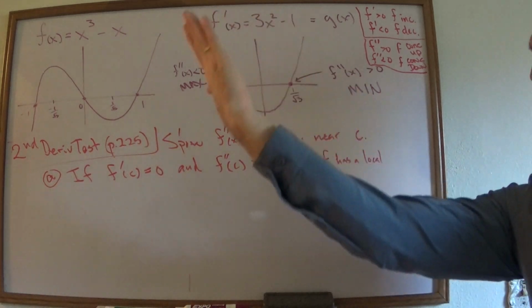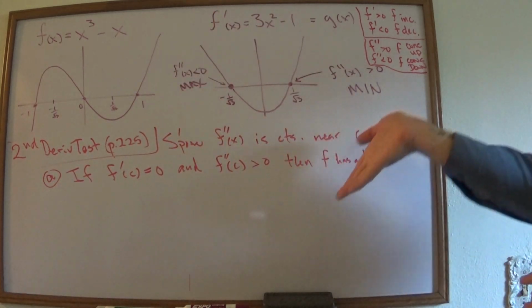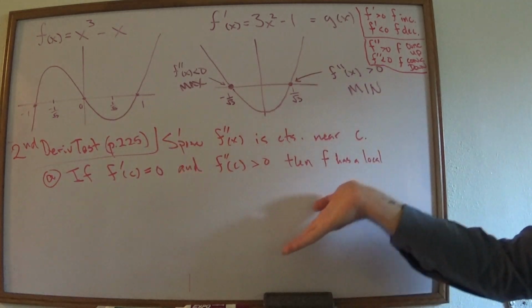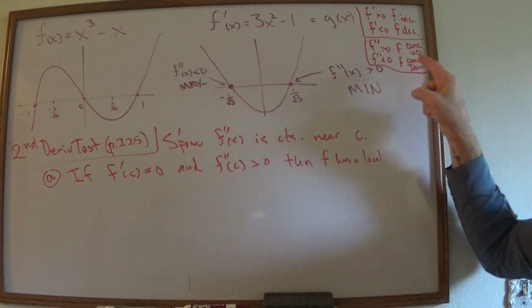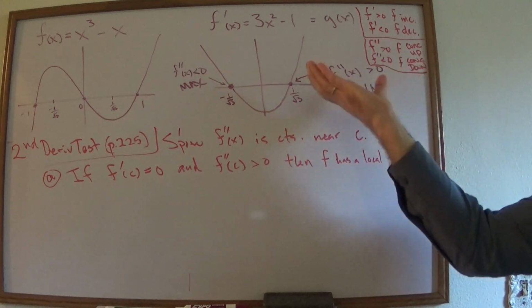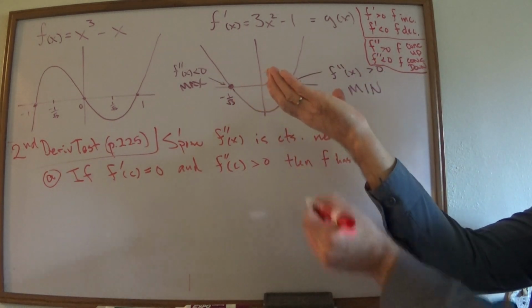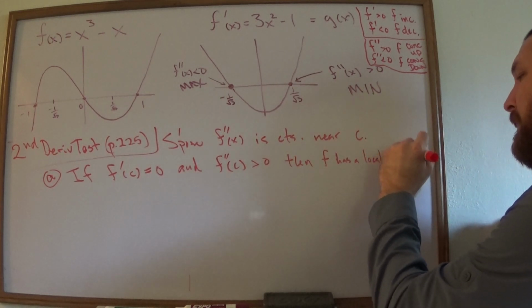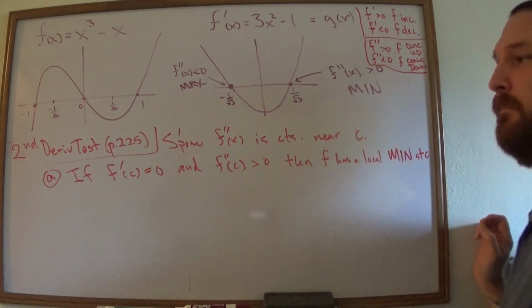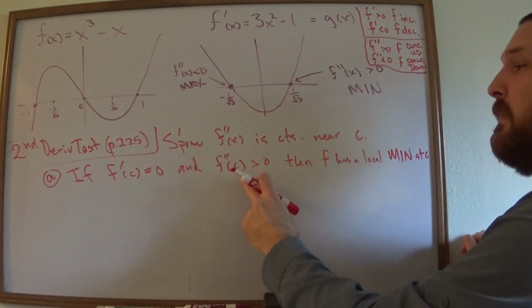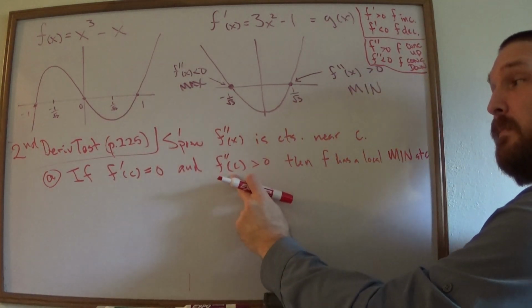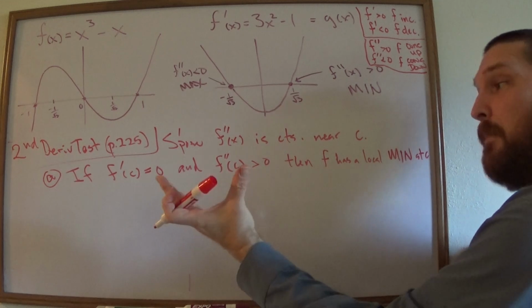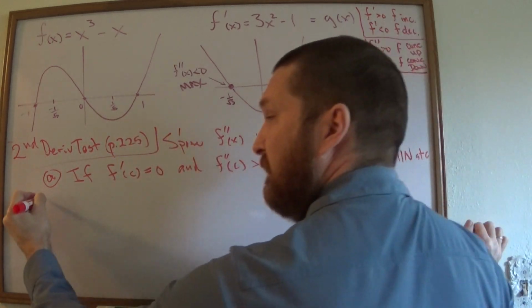If the slope is increasing, you're tracing out concave up, you look like a cup, so this must be a local min at C. That's how I do it. I just remember that the second derivative positive is concave up. That's the only thing I have memorized.